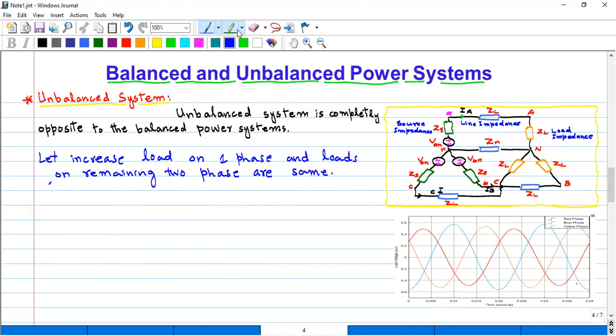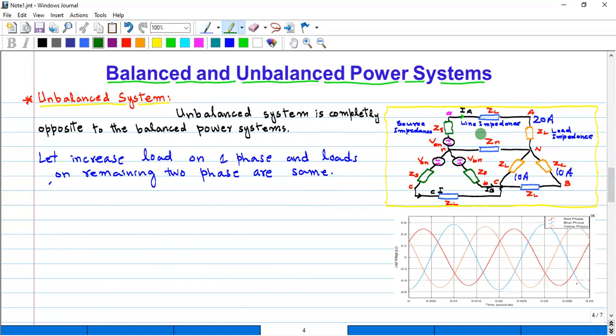So when we increase the load on one phase, the value of the current of this phase will increase. Let the value of the current in this phase now be 20 ampere, and in this phase the value of the current is 10 ampere, and in this phase the value of the current is 10 ampere as well.